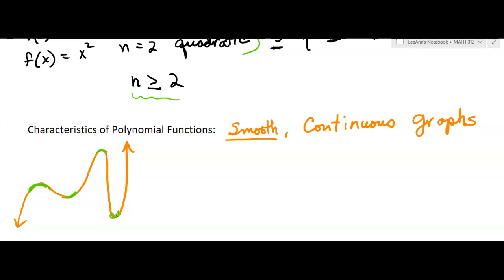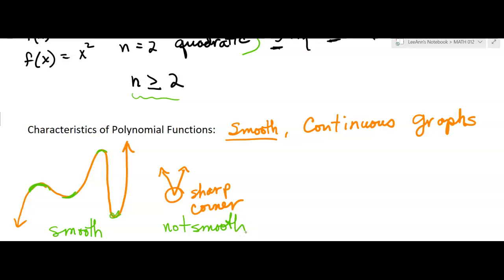So what isn't smooth? This is smooth. Something like we've had graphs like this, where there was a sharp corner. That's considered a sharp corner, and it's not smooth. So this one is not smooth.